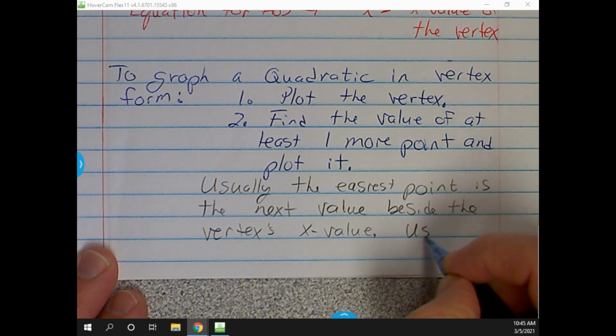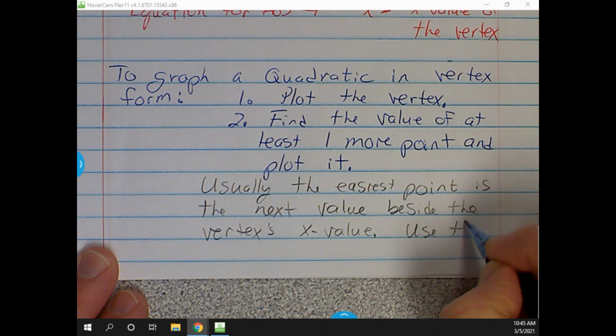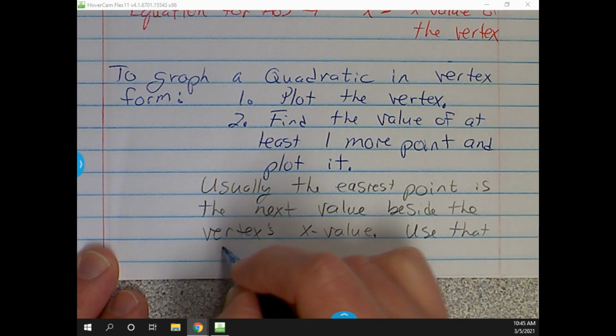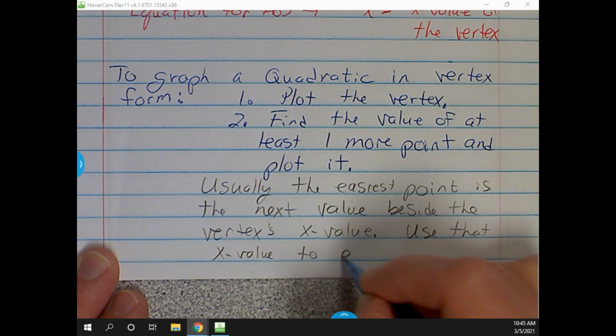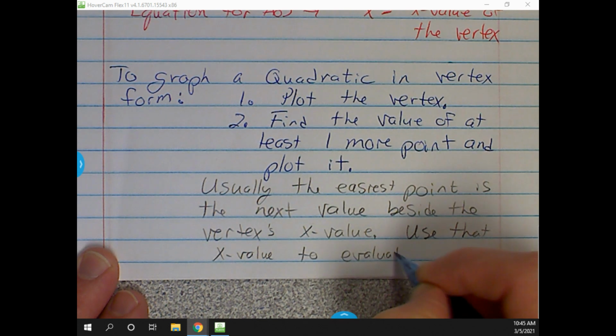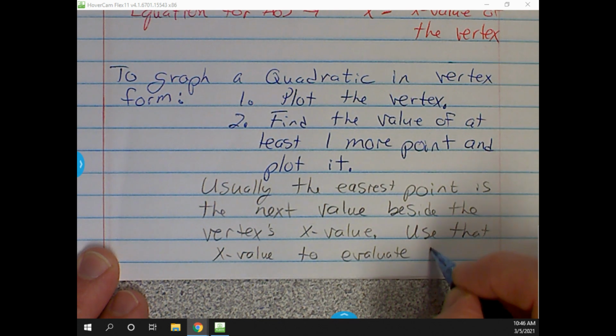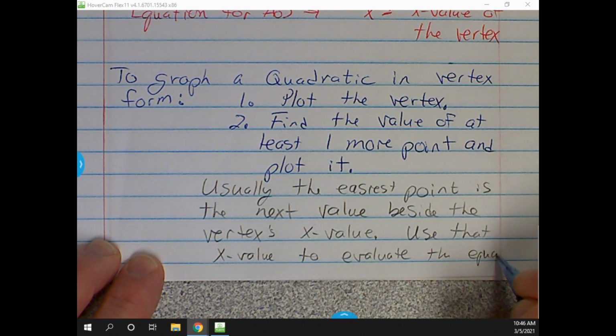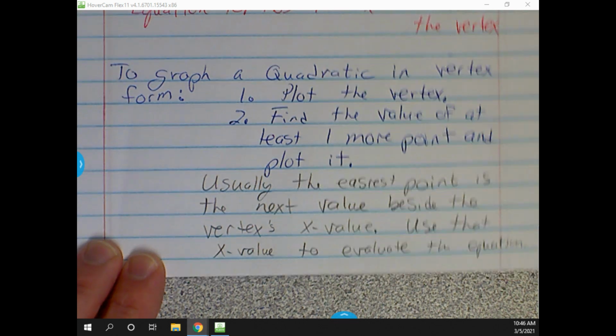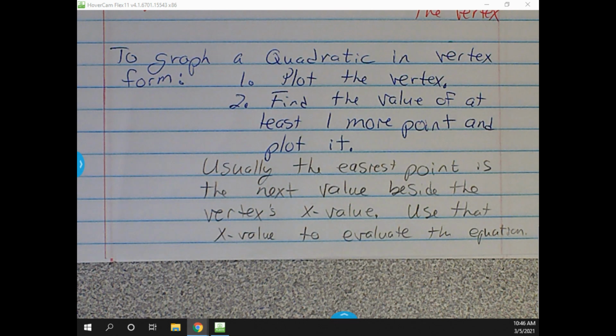So we're going to use that x value to evaluate. Okay, and again, evaluate just means we're going to take that number that we have here and plug it back into the equation and work it out.